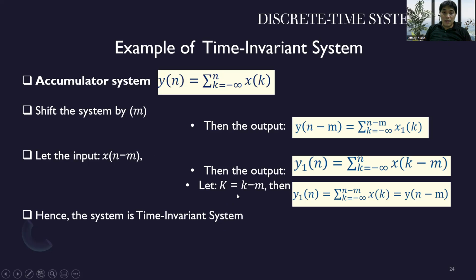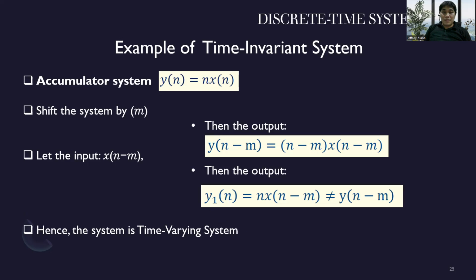So let the big K = the small k - m. Then y1[n] = the summation of K = negative infinity to n - m of x[K] = y[n - m]. Hence, the system is called time invariant system.